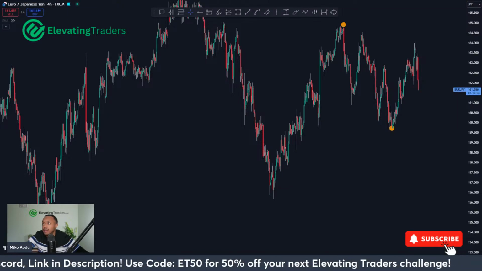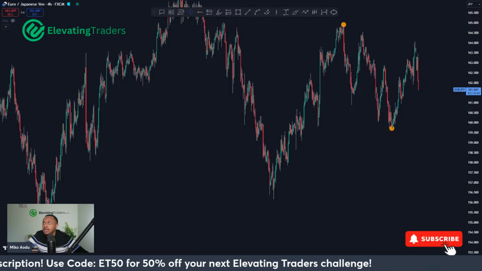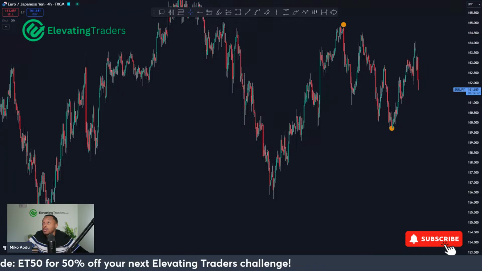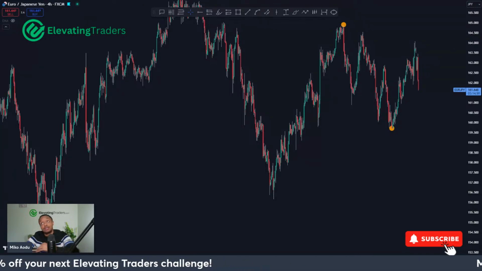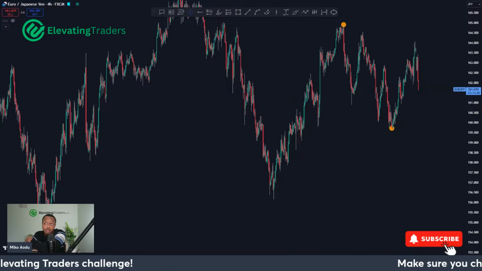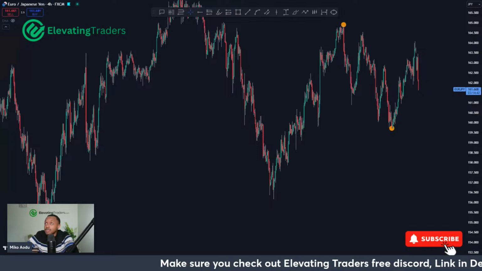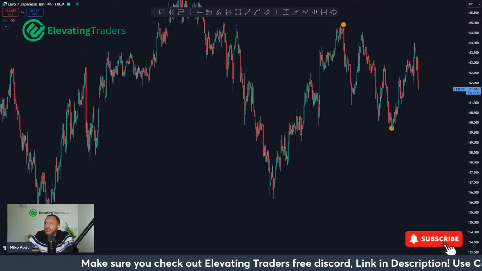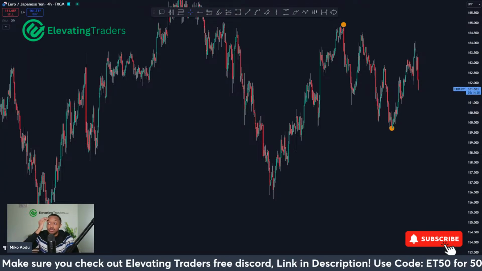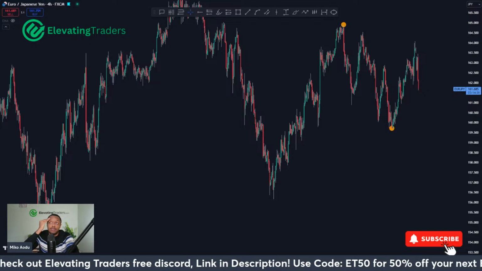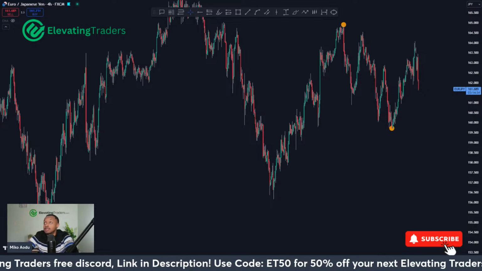Then on Wednesday, we do have Aussie CPI. That's one to keep an eye on, especially if you're looking to trade Aussie. That could move the market quite a bit. And in the afternoon, we've got Bank of Canada interest rate. That's definitely one to keep an eye on, especially if you're trading CAD.